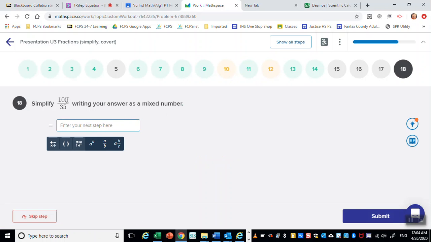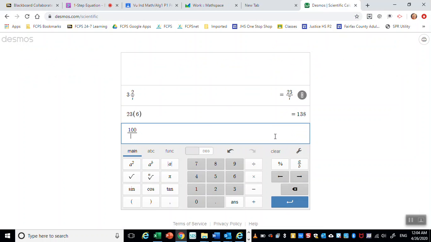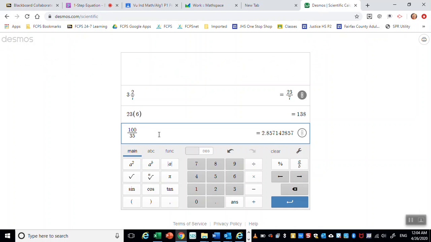Simplify 100 out of 35, writing the answer as a mixed number. So 100 over 35, right? Again, you need to go to the decimal calculator. Again, it's 100 over 35. Make sure this is correct. 100 over 35. You put it in the decimal calculator, and then you click on the calculator here, right?